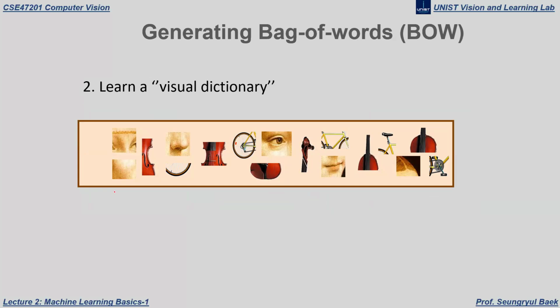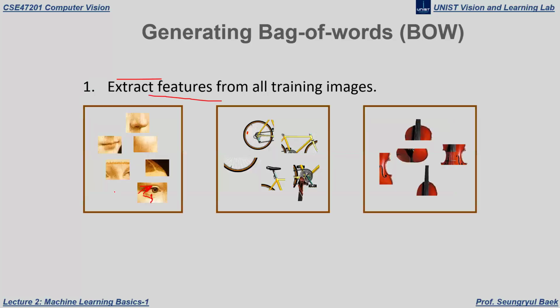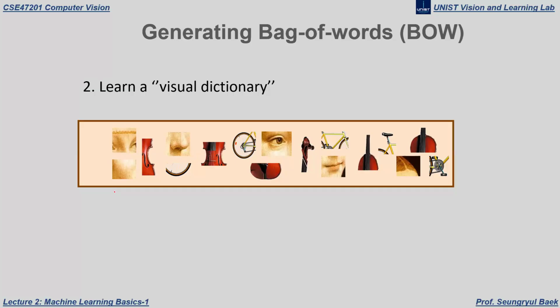Especially, we are normally using the k-means clustering algorithm on the extracted feature vectors. For example, if we specify k as 1000, then we extract all the feature vectors from the training images, and we can cluster those features to form 1000 visual words.